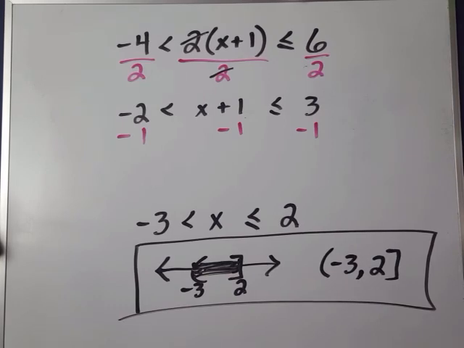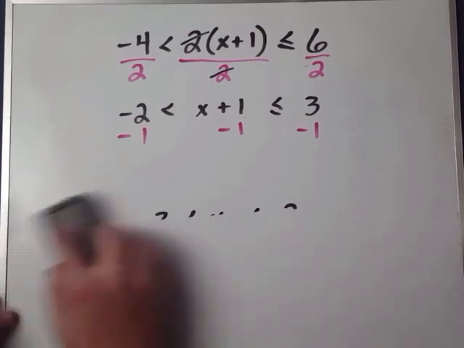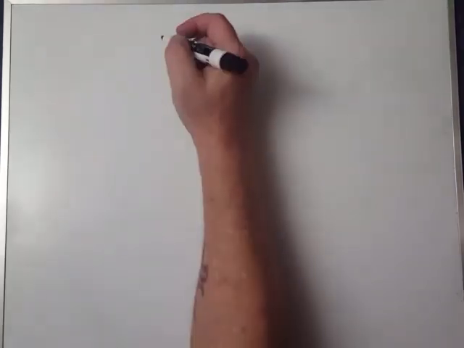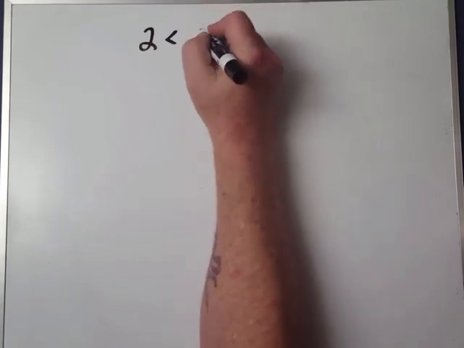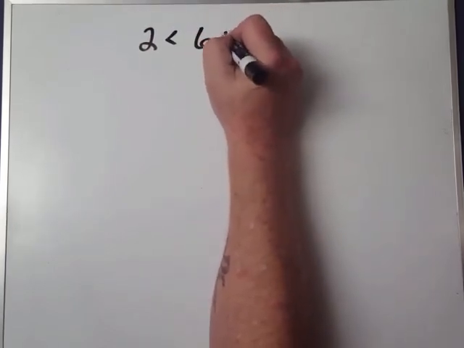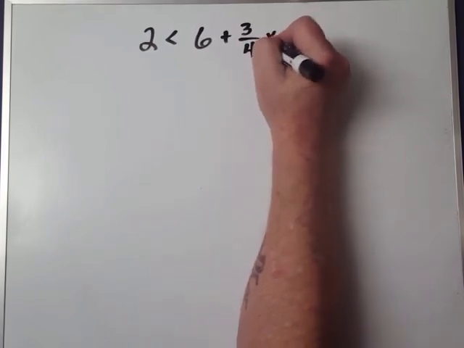Let's finish up today with number 114. In number 114, we have a fraction. I think I'd like to clear that fraction. Although it's not the only way to do the problem.